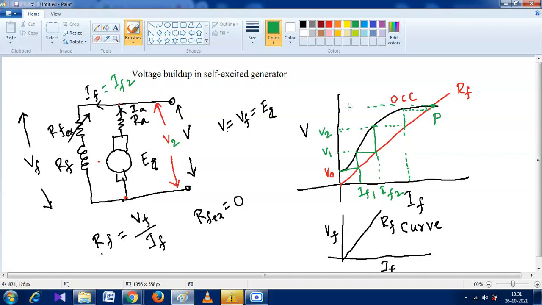This is called VT, and the value of terminal voltage is now VT.